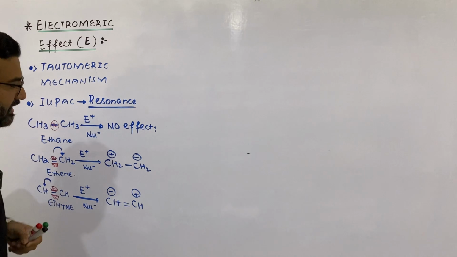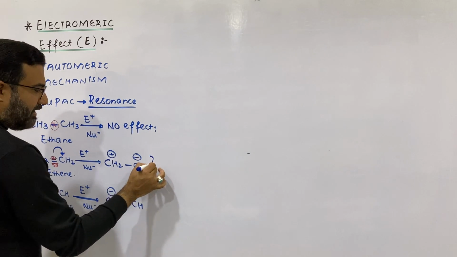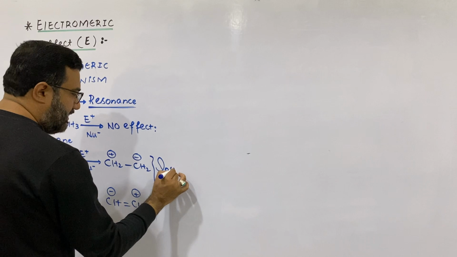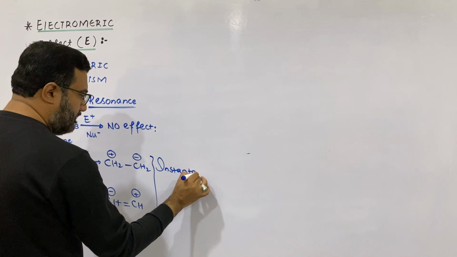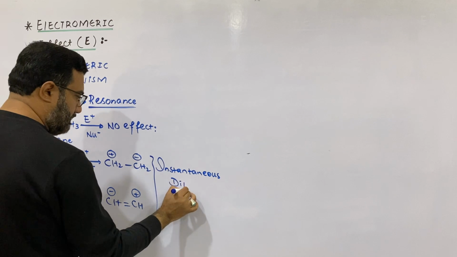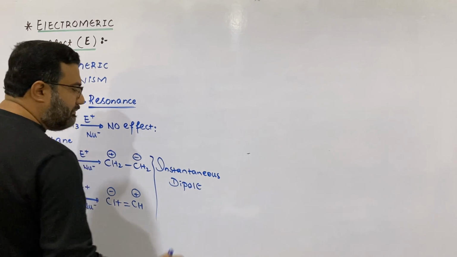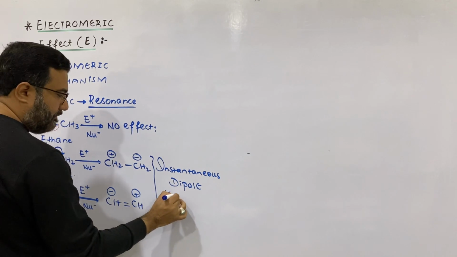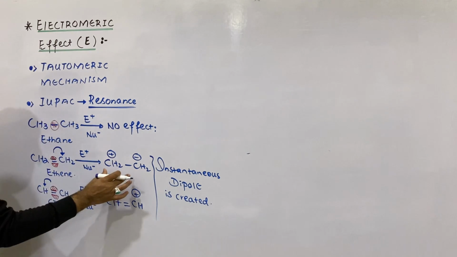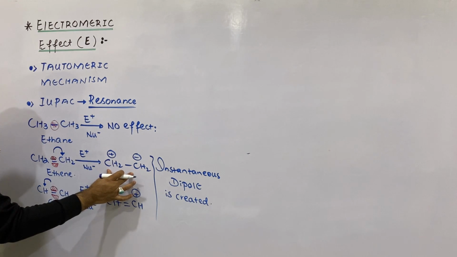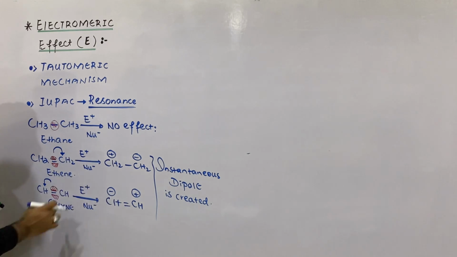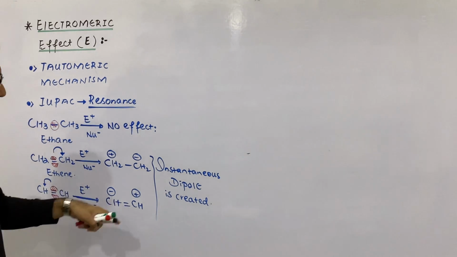Now, because of the shifting of the bonded pi electrons, you can see that an instantaneous dipole is created. This is an instantaneous dipole formed under the influence of the attacking reagent, either electrophile or nucleophile, and the same is the case here.